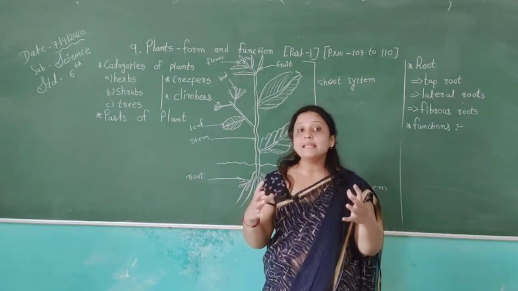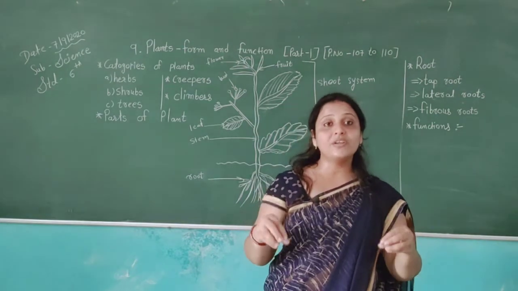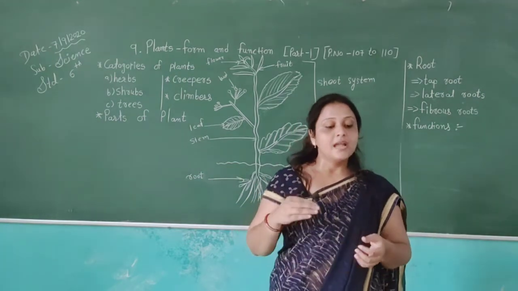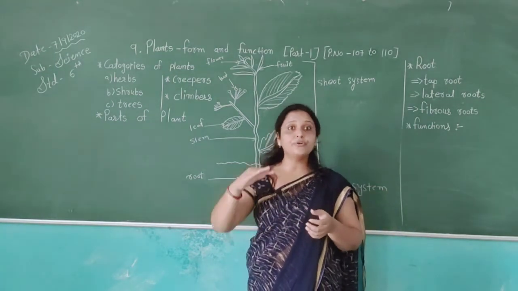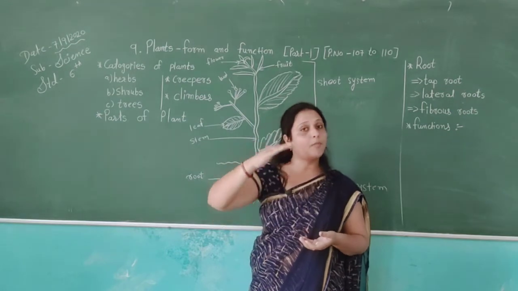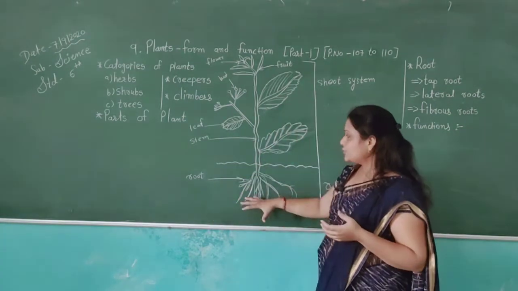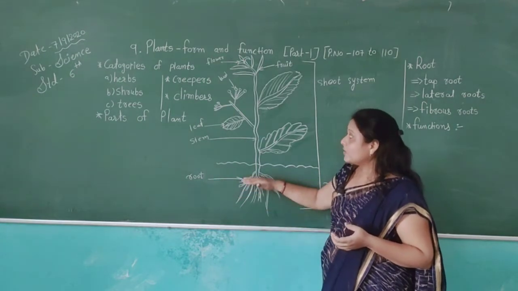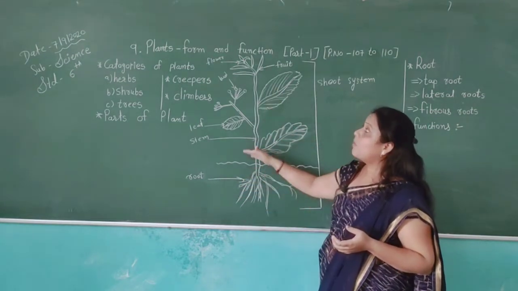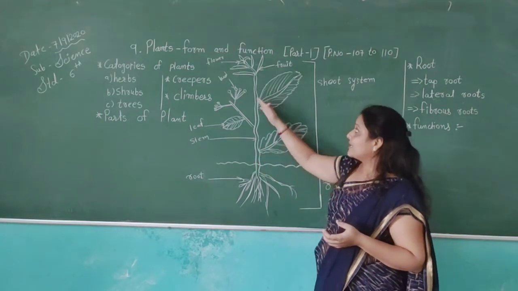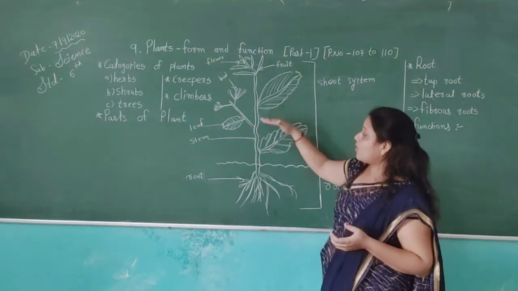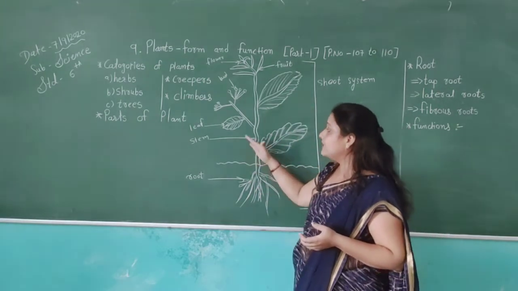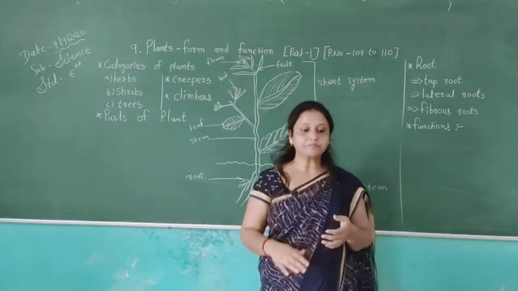These are then sent upward to the parts above the ground, which are in the shoot system. All parts get water because of the root.